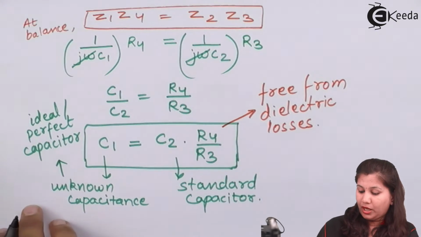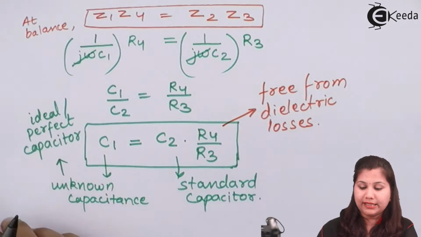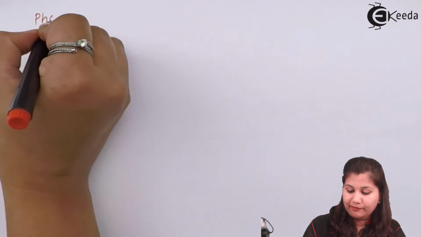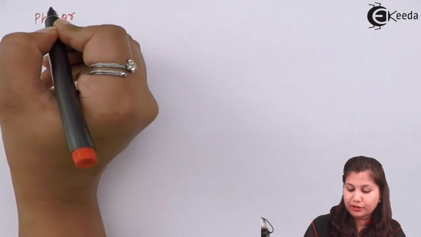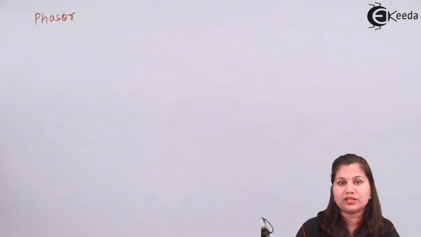Okay, now if we come to the phasor diagram for this D-Sauty bridge, the phasor diagram is the diagram which shows us the relationship between the phases or between the vectors of the various currents and voltages which are there in the circuit.